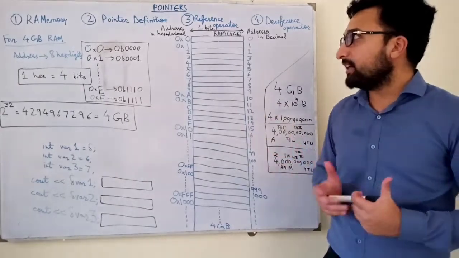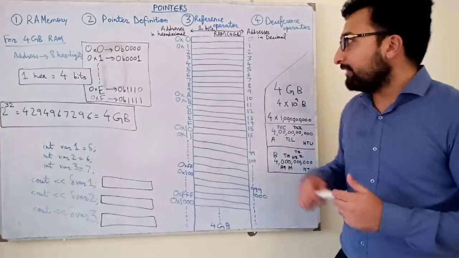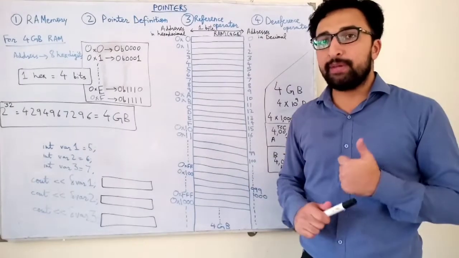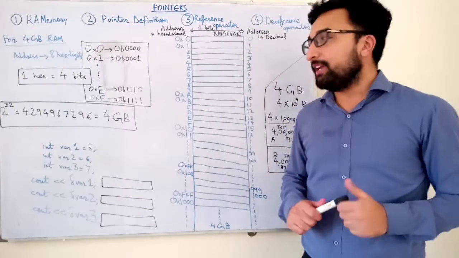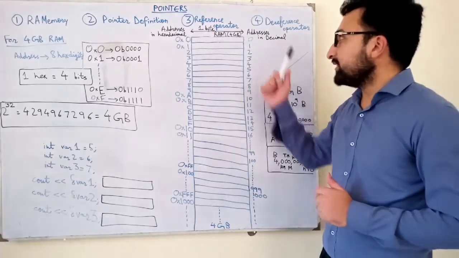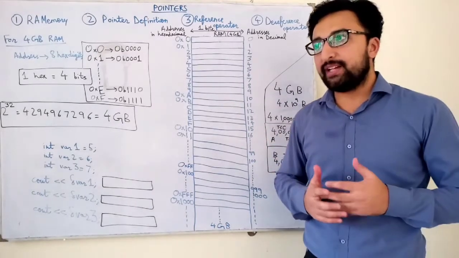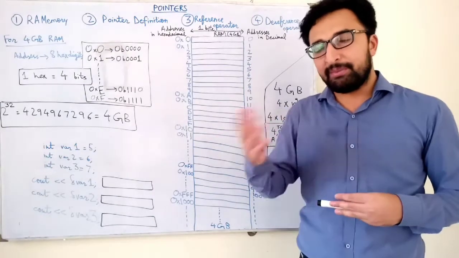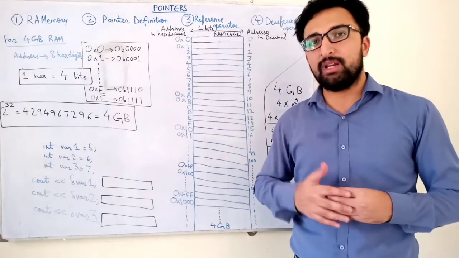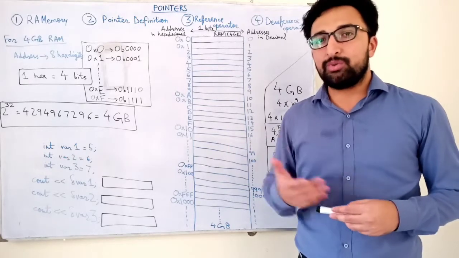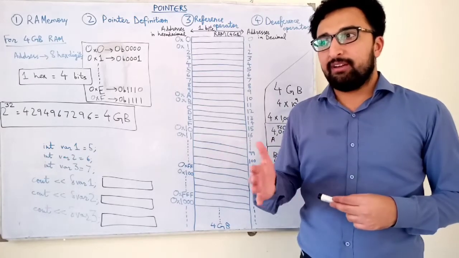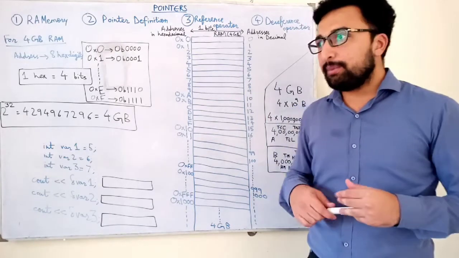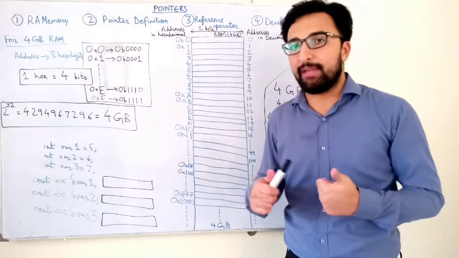So that is the basic architecture of RAM. Now every single byte of the RAM needs to be accessed, and it needs to be accessed distinctively. Just like houses have addresses, house number 1, house number 2, house number 3, and so on, up to whatever number of houses the sector holds, similarly we have addresses in RAM.